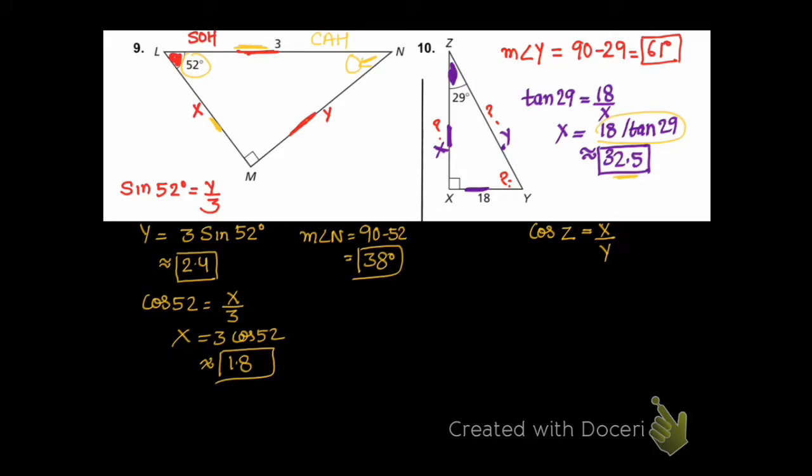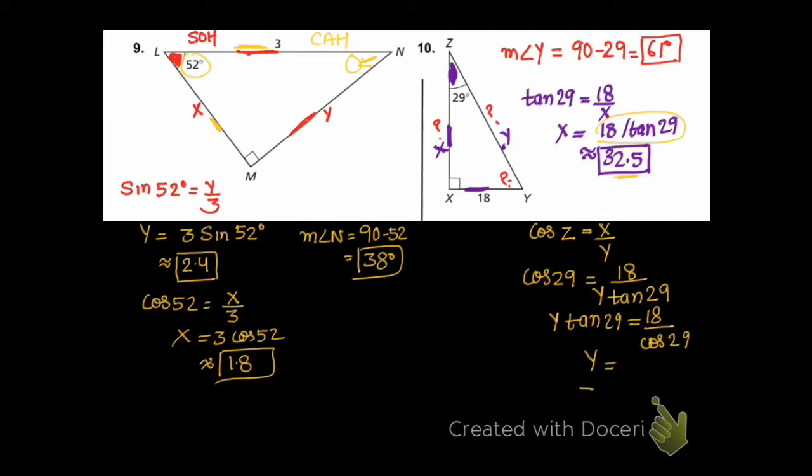So if I do that, cosine of z is cosine of 29 degrees. X is 18 over tangent 29, and y I don't know, so y is here. And then you just have to solve it for y. You can simply cross multiply, and y times tangent 29 is 18 over cosine of 29 degrees, and y is what?